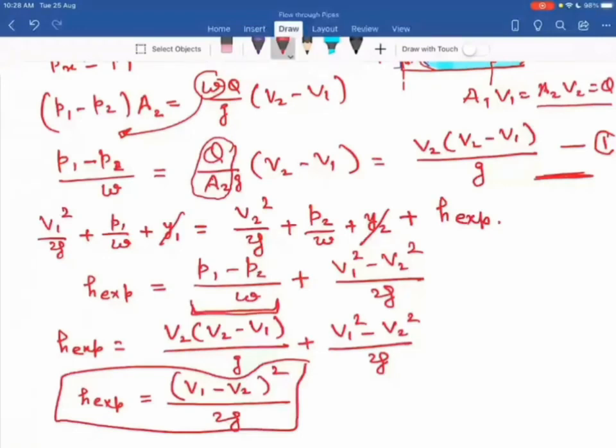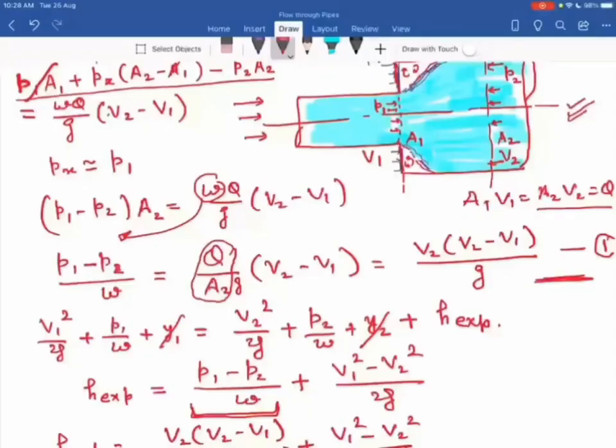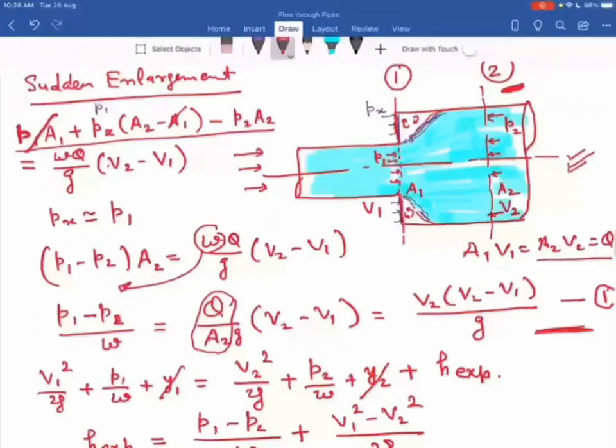Okay. So with the help of this equation, we can determine the head loss due to sudden expansion. That is the one type of minor loss. So in this formula, you have V1, that is the velocity at minimum section. And V2, the velocity at the enlarged section, that is the maximum section. Okay, so square of that divided by 2G gives you HEXP.